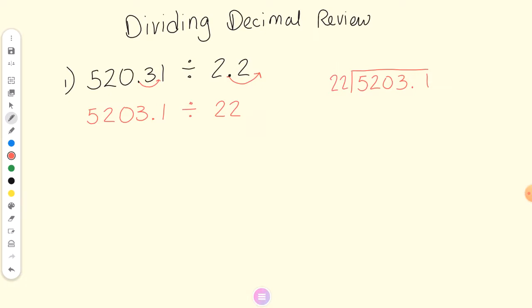Abby, what else do I need to do before I actually start doing some math? I moved it over. Yep, I have to move it straight up into my quotient.